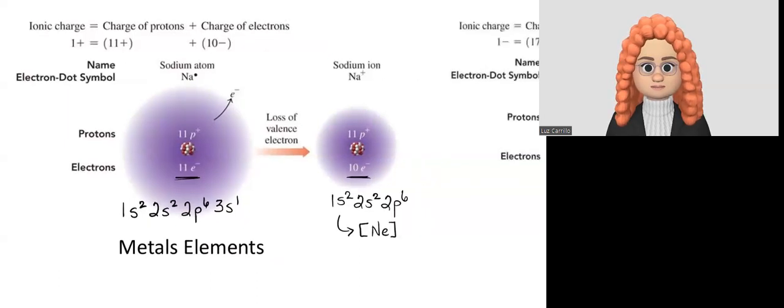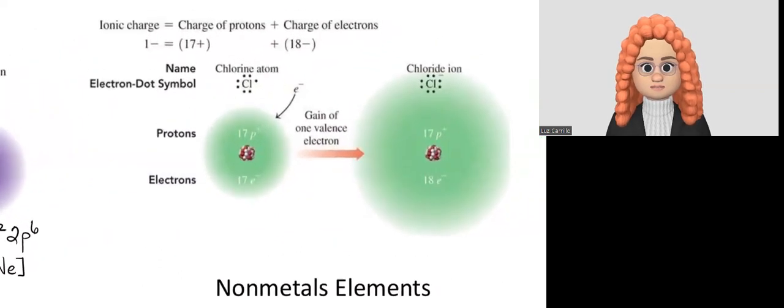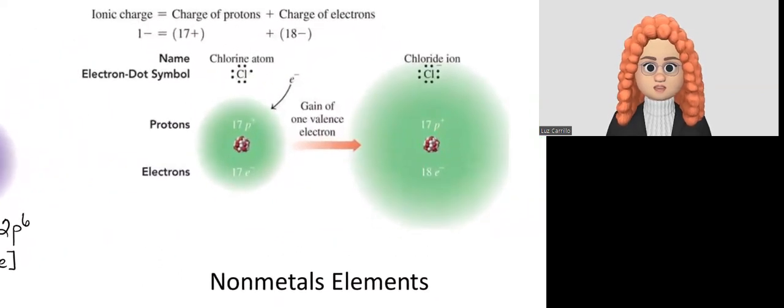So let's explore what happens to the chlorine atom. On the left side of the arrow, we have the chlorine atom. We can observe that this is the Lewis dot for the chlorine atom. A chlorine atom has 17 electrons.